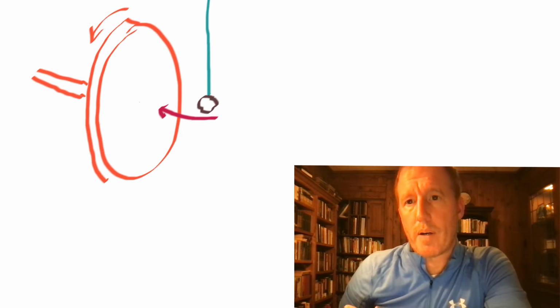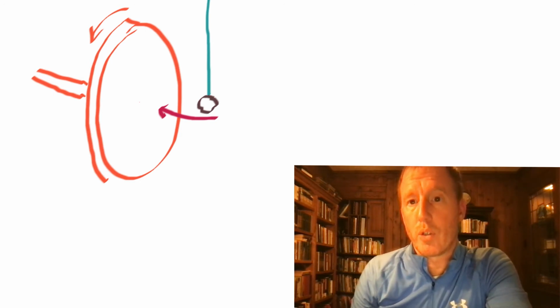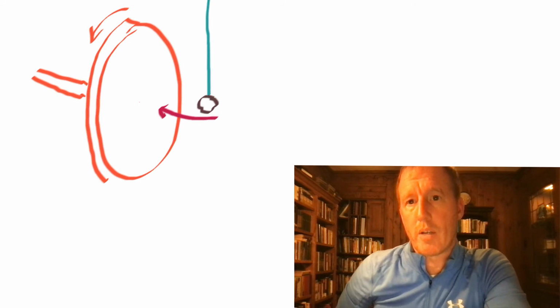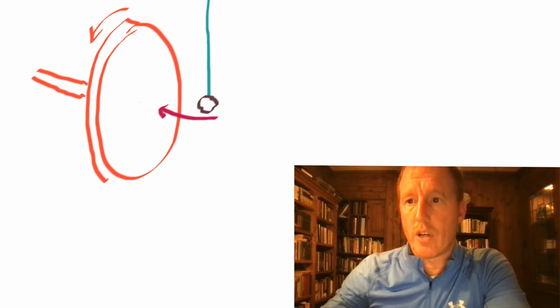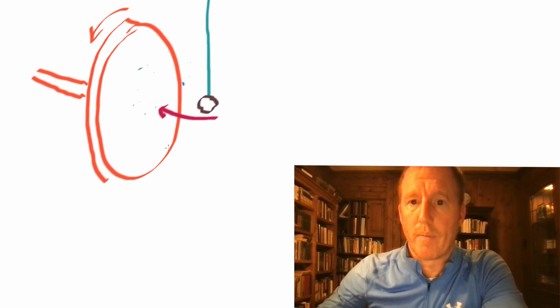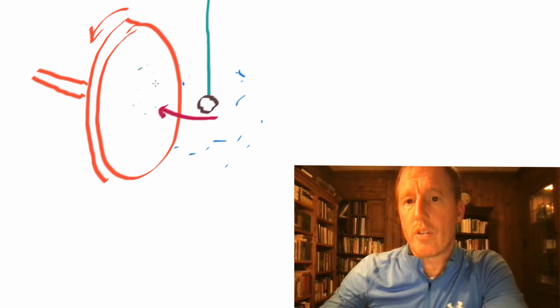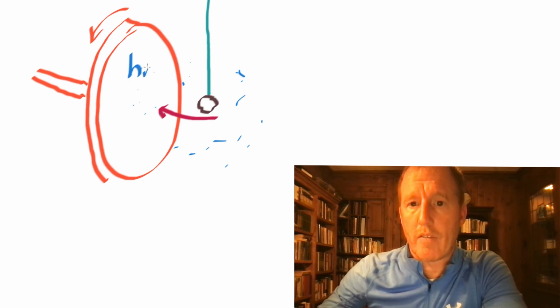So he's talking about what's now called Bernoulli's principle, that when you have a fluid medium like air, that air, if it's moving at high velocities, has a lower pressure than the same air moving at low velocities. So if there is air in the region all around this disk and all around this ball, the air that is near the disk is going to be moving at high velocity.